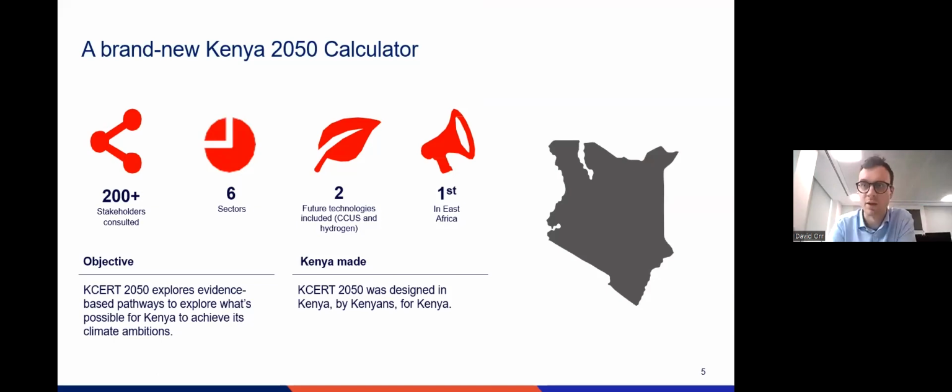So that's the funding from the UK government, the anchoring of the calculator in the Ministry of Energy, and then the support from the consortium. So Macdonald and Imperial, but most of all, it's about that support and the building, which came from our downstream partner, Strathmore University, who really did the hard yards in this.